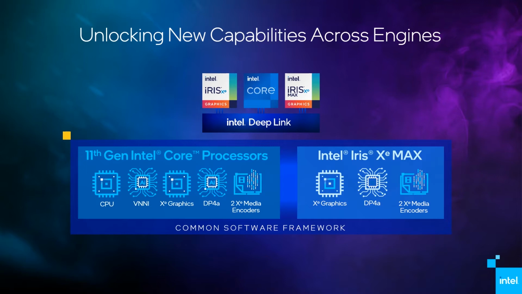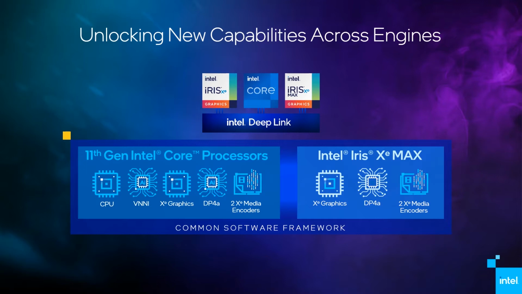And then if you peel a layer down, what comprises it are the CPUs, of course, the GPUs, as well as special instructions for increasing the performance of AI applications, such as VNNI, DP4A, as well as media encoders.